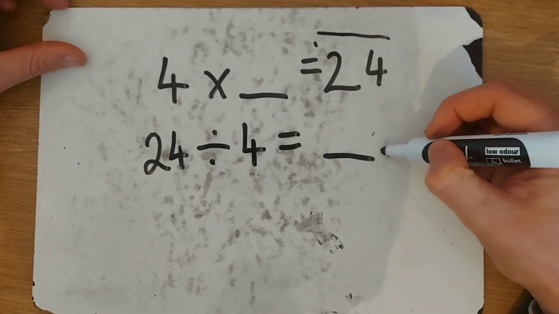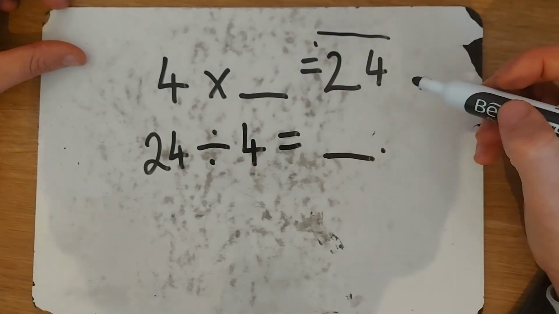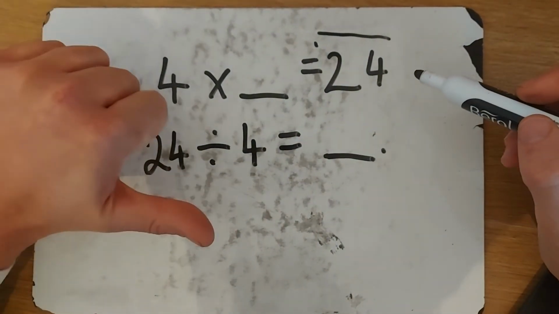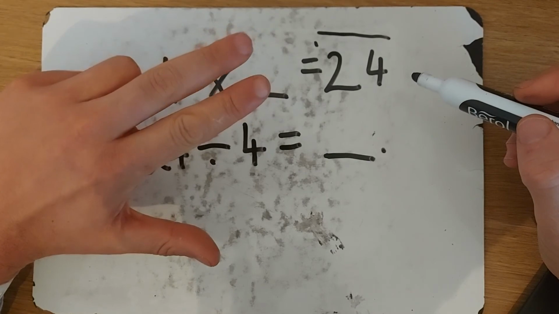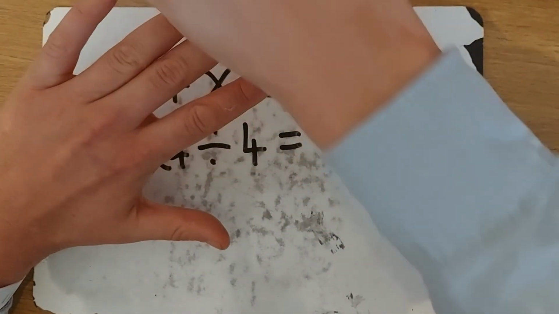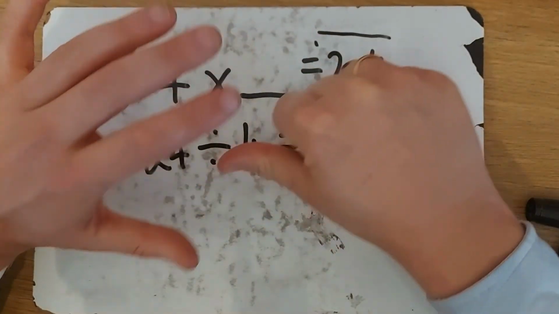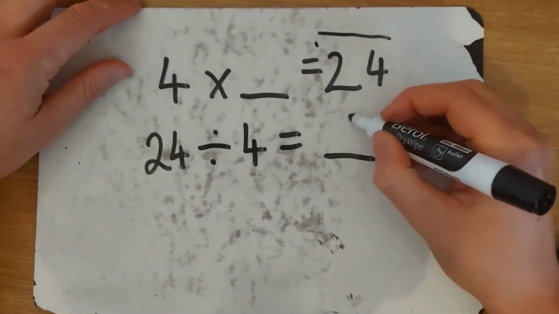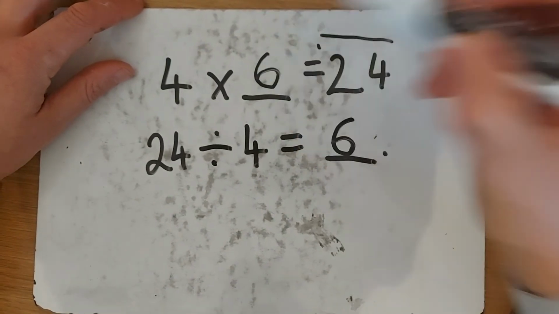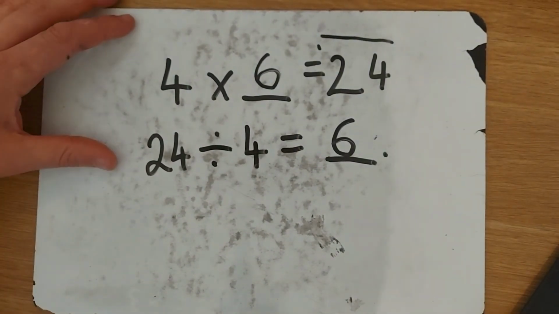The answer I get here is what should go here. So I'm doing 24 divided by 4. So I'm going 4, 8, 12, 16, 20, 24. And I've done 1, 2, 3, 4, 5, 6 jumps. So that is 6. And therefore, this unknown will be 6.